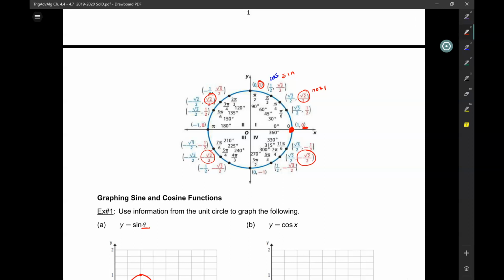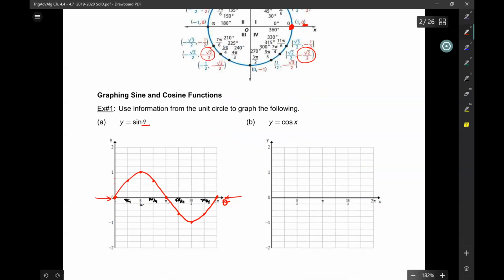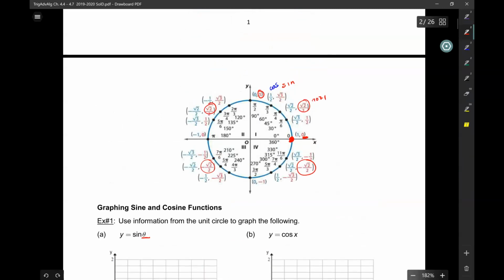What does it say in between the 0 and the pi over 4? So pi over 4, 3 pi over 4, 5 pi over 4, 7 pi over 4. I just put them on so it's easier for us.